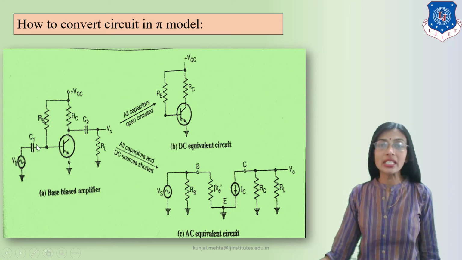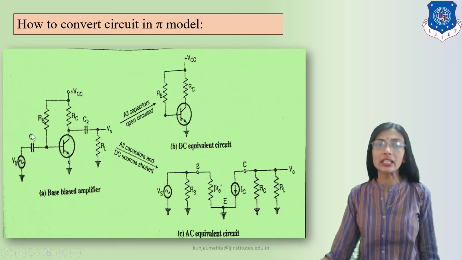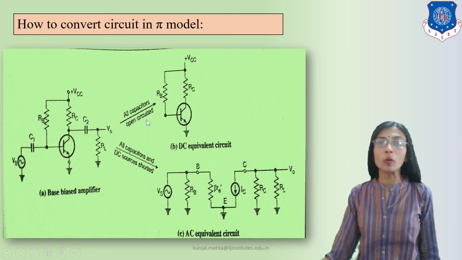And after the DC circuit, I have drawn here the base biased amplifier using coupling capacitance. Whenever we want to convert this circuit, a DC circuit or any amplifier circuit, into the pi model, how do we draw it? The first step is that all capacitors are considered to be open.